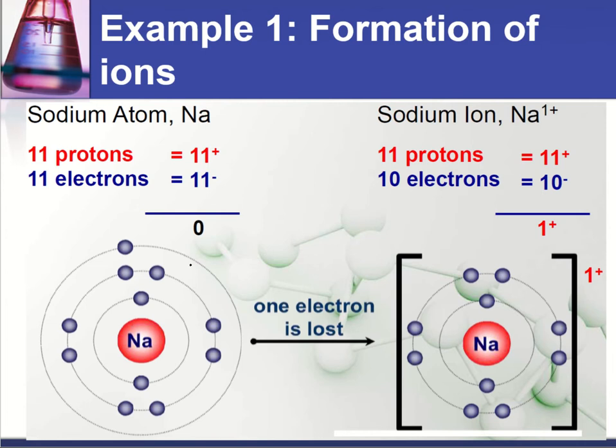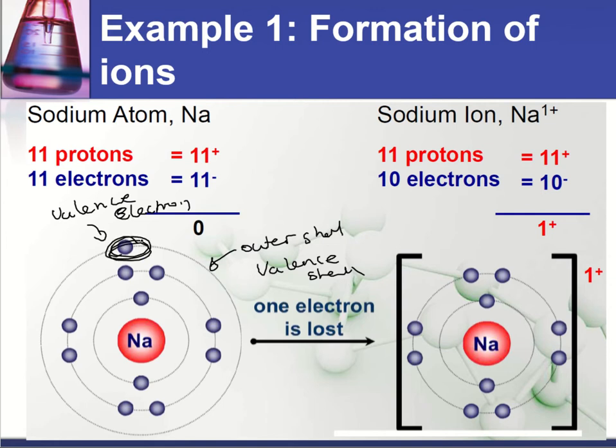So this, the most outer shell, we also call it the valence shell. Any electrons in the valence shell is called a valence electron. And what's actually happening in the formation of an ion, this electron here is moved out of the valence shell.